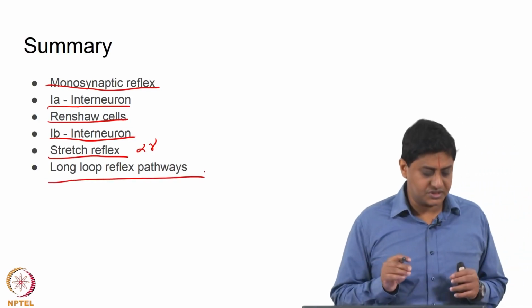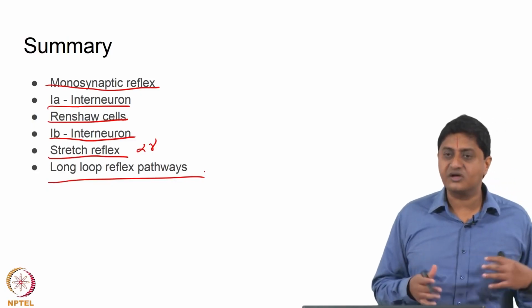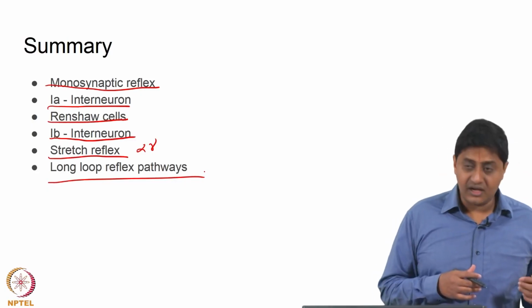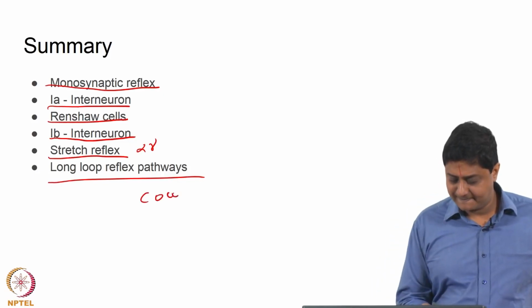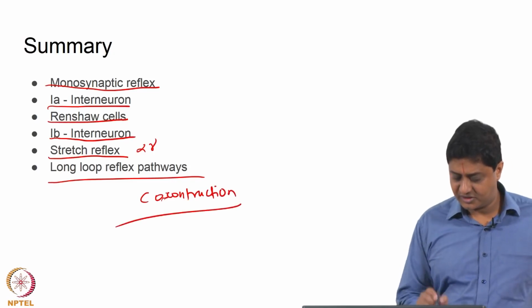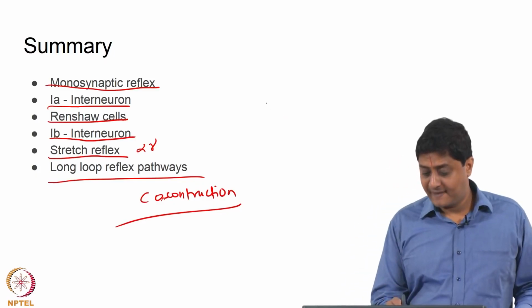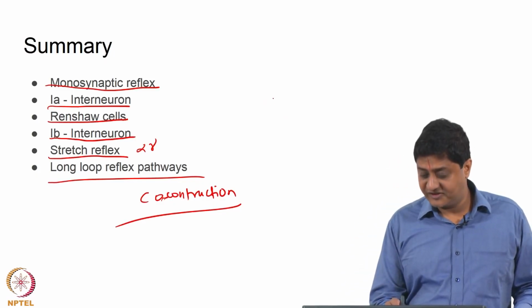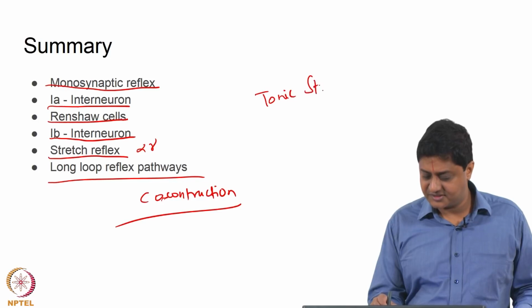We have also introduced the topic of flexor withdrawal reflex and crossed extension reflex, and we have discussed the concept of co-contraction. Okay. We have still not done the case of oligosynaptic and polysynaptic reflexes, the cases that are called tonic or tonic stretch reflex.